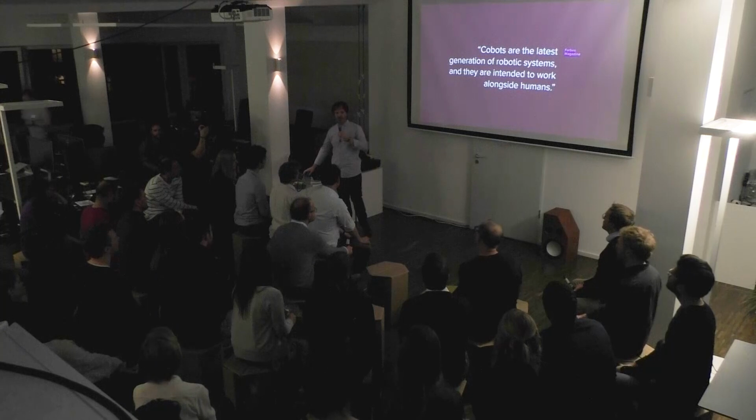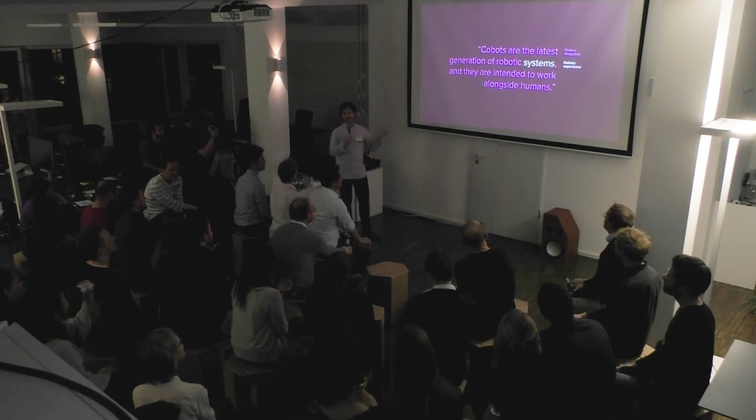And this is how Forbes magazine defines them. Cobots are the latest generation of robotic systems, and they are intended to work alongside humans. Now you might ask, why is this a design talk and not an engineering talk? I met one person earlier, Giovanni, and he asked me, so what kind of machine learning do you do? I'm a designer. But the word systems isn't there.